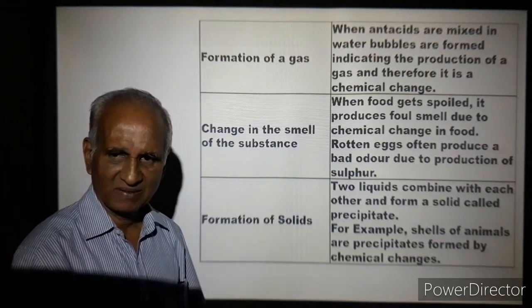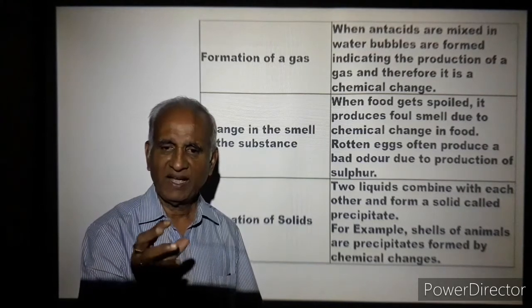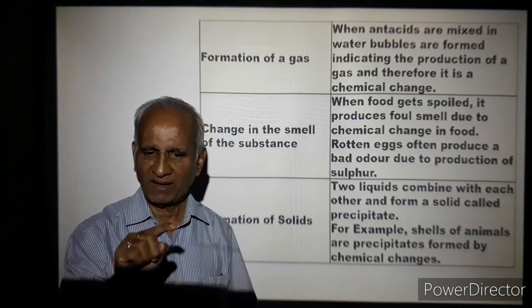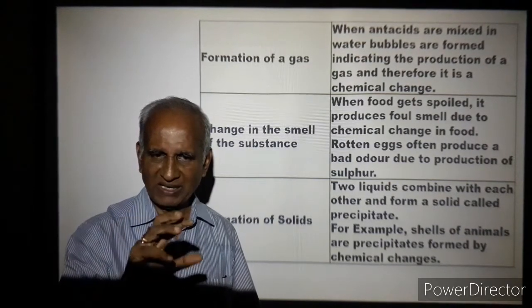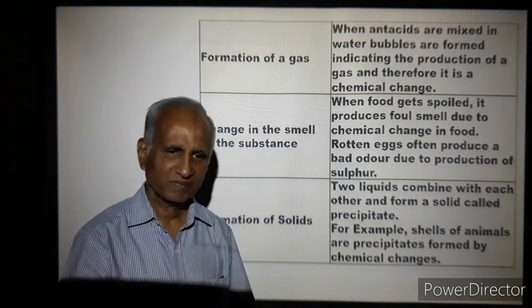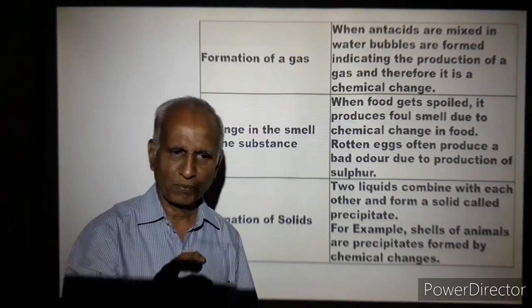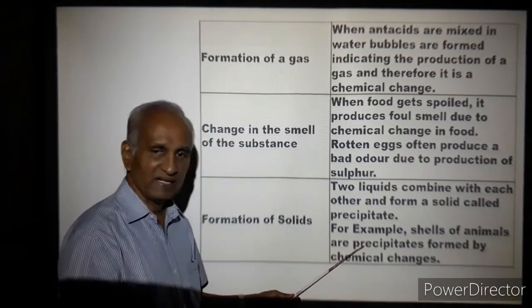Chemical changes get brought about as the egg is getting formed in the ovary of the mother and the shell gets formed. Here, different materials come together and the shell gets formed. The shell takes shape. It becomes hard and it gives protection to the young one inside. Now that is a chemical change.